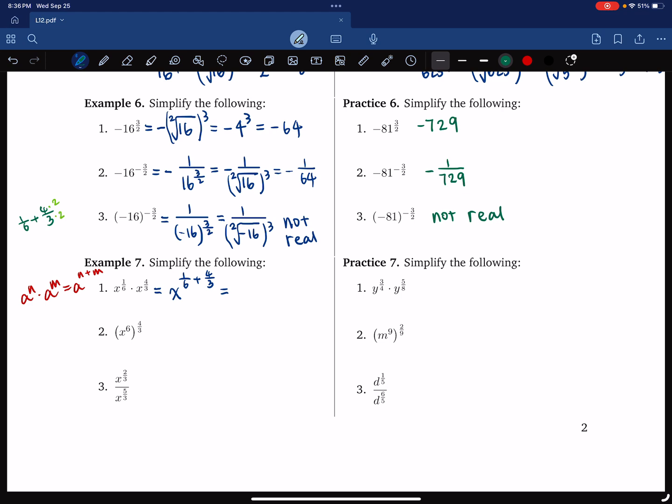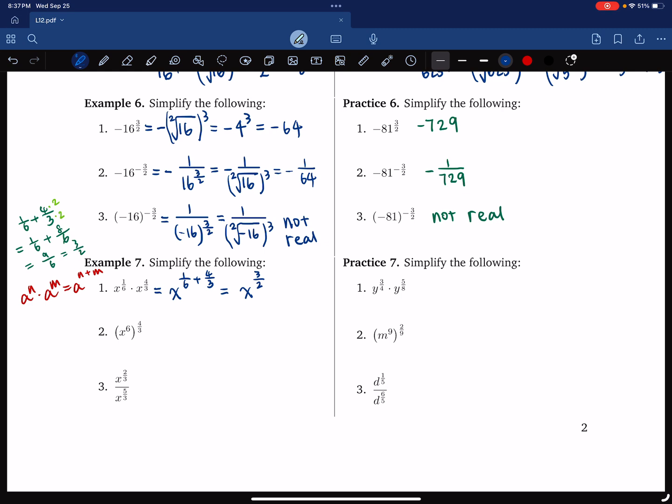And this will give me 1 over 6 plus 8 over 6. And that is the same as 9 over 6. Or you could divide both of them by 3, 3 over 2. So that's actually the final result, x to the power of 3 over 2.